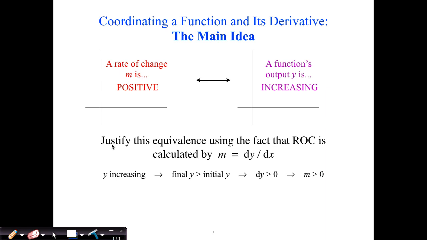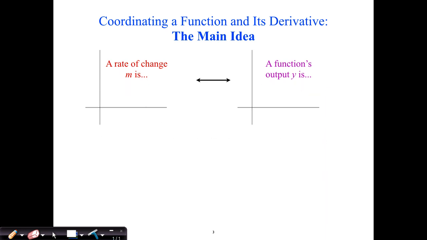If I have a function whose dependent variable values are increasing, that means that the rate of change of that dependent variable with respect to the independent, dy dx, is going to come out to be something positive. Similarly, if I have a function whose output or dependent variable values are decreasing as x increases, then that would indicate, graphically speaking, going downhill.